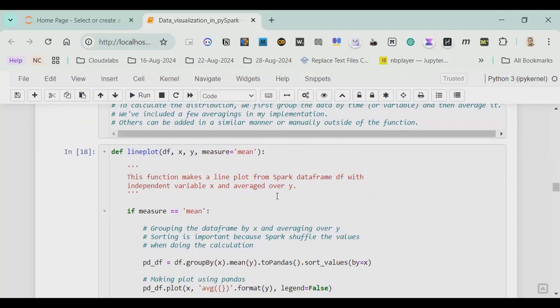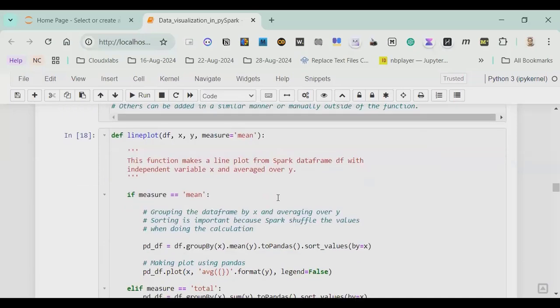Now let's move ahead with the line plot. So what is a line plot? Let's try to understand line plot first. A line plot always indicates lowest to highest. Mostly a line plot provides information related to values.